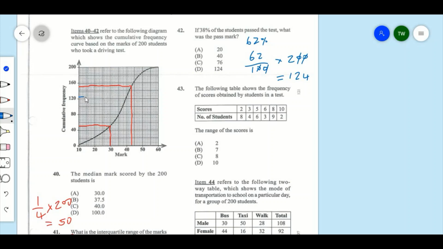We're going to go across in a straight line, and then when we touch the cumulative frequency curve, we're going to go straight down in a straight line and take off the reading down there. And the reading here is 40, right? So our answer for 42 is going to be 40. That means the pass mark is 40, okay?